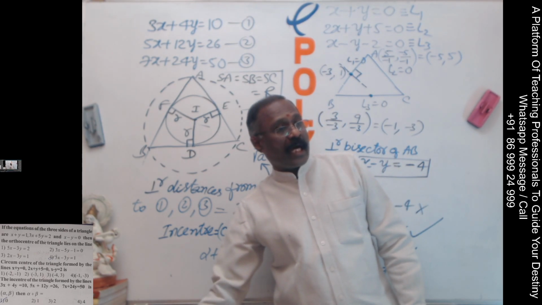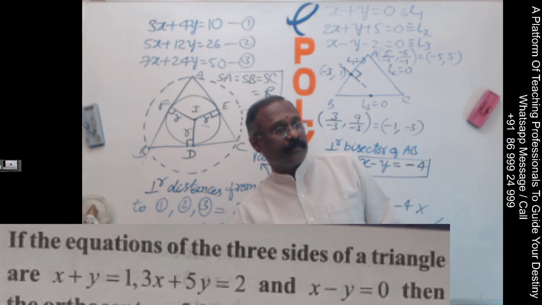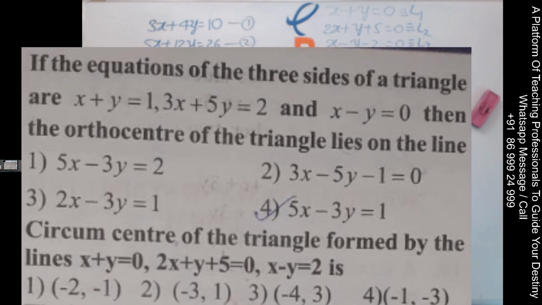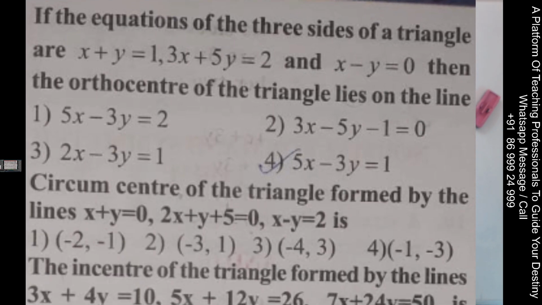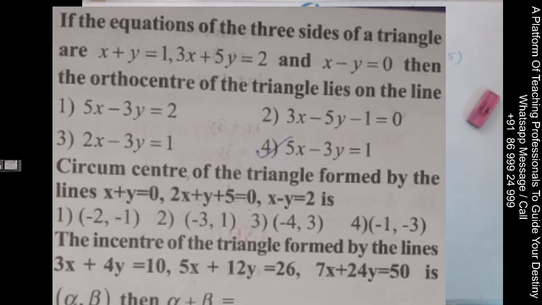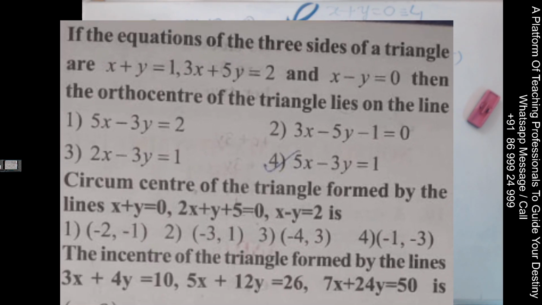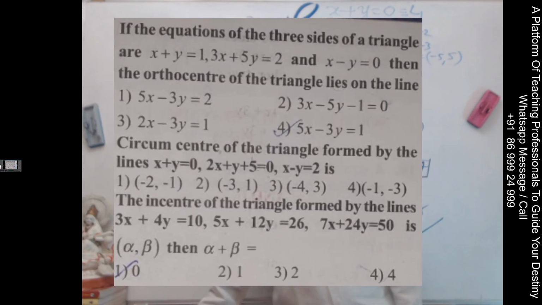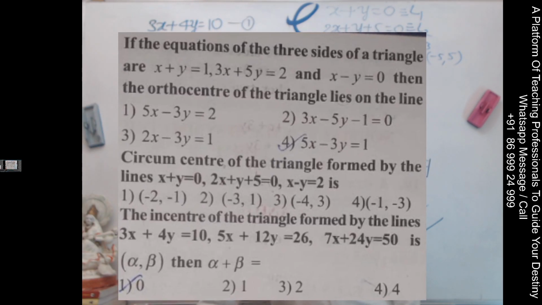Let us now check the option. See this one, please. Alpha comma beta is 0, 0. Alpha plus beta is equal to 0 plus 0, 0 answer.